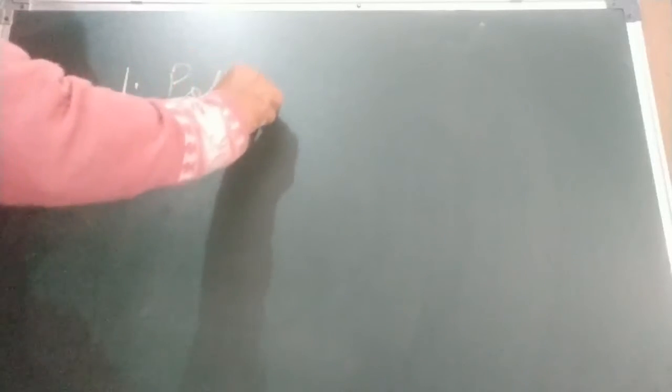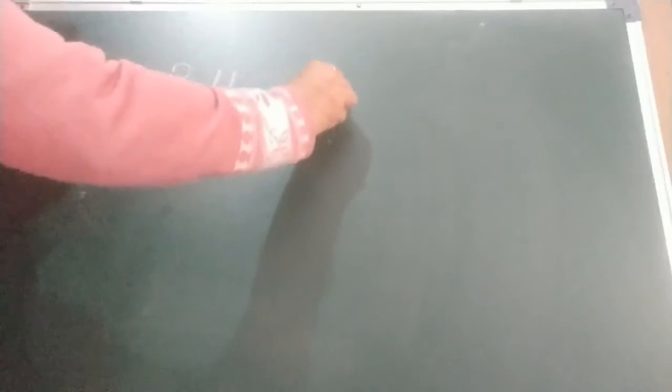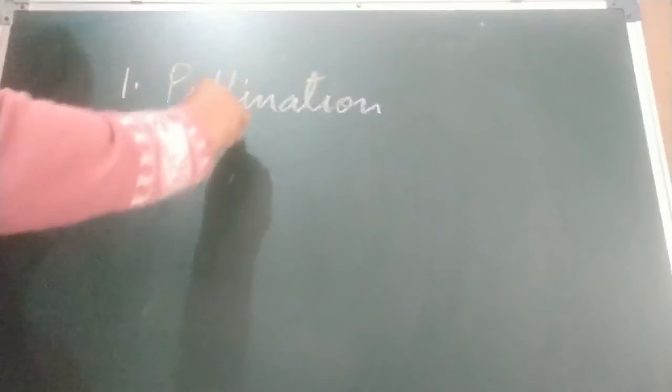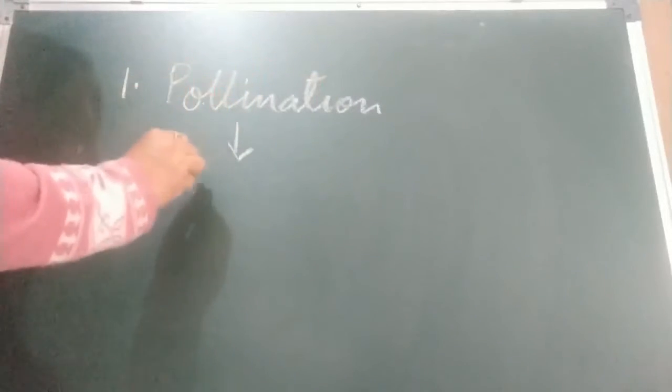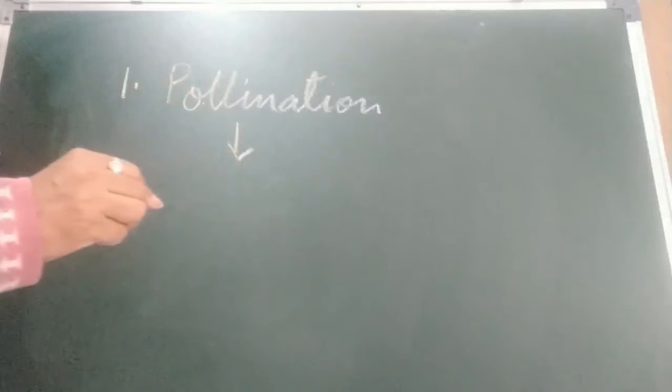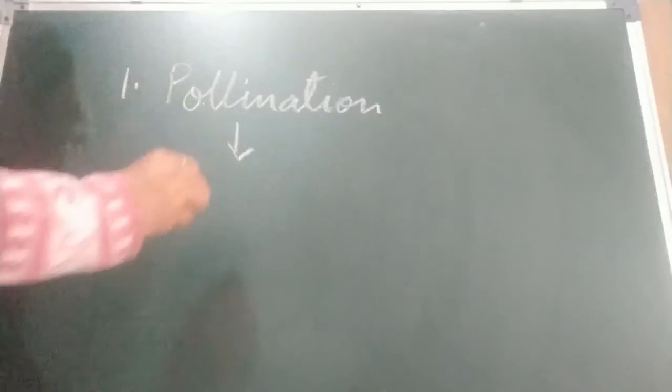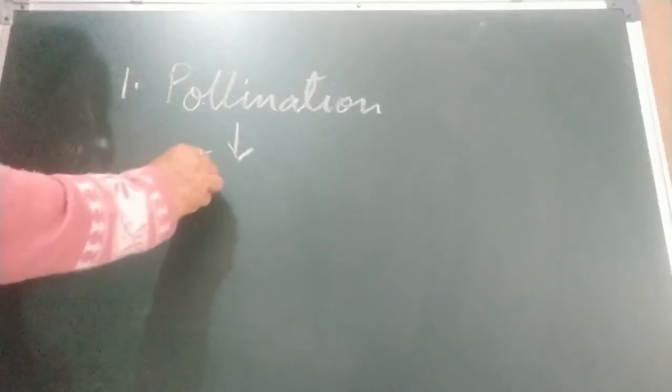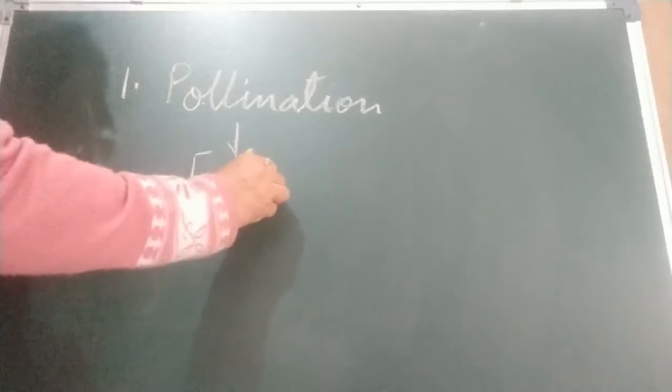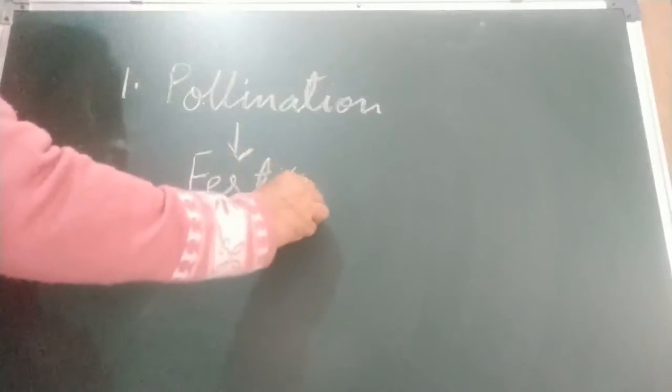First, many insects like bees, wasps and all, they help plants with pollination. After pollination, what takes place? Fertilization. After pollination, pollen grains drop on the stigma of the flower, and then fertilization will take place. After fertilization, what takes place?